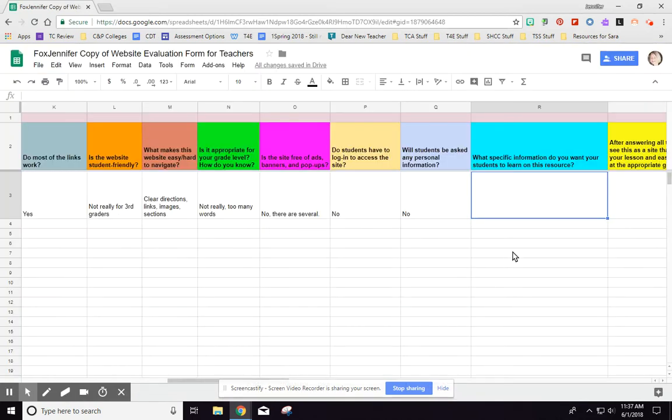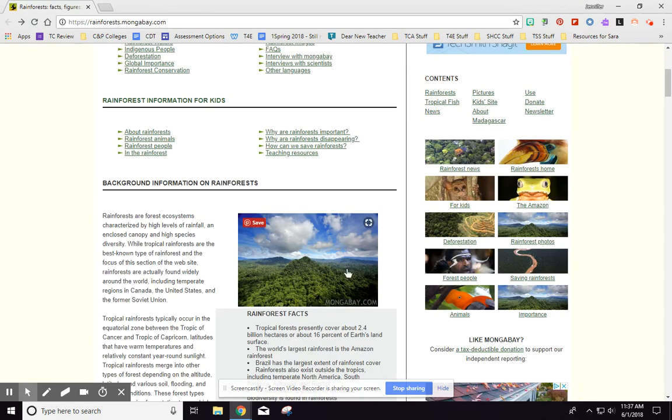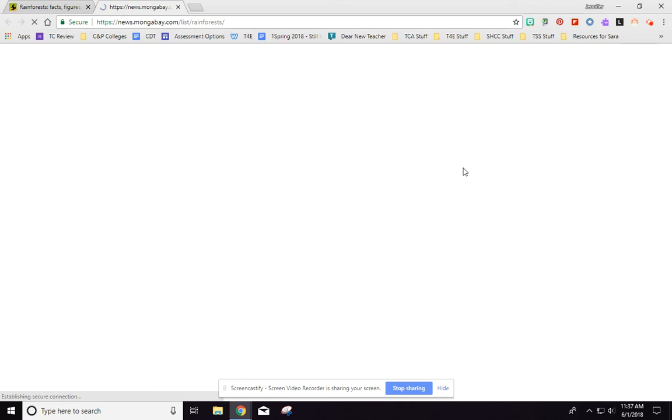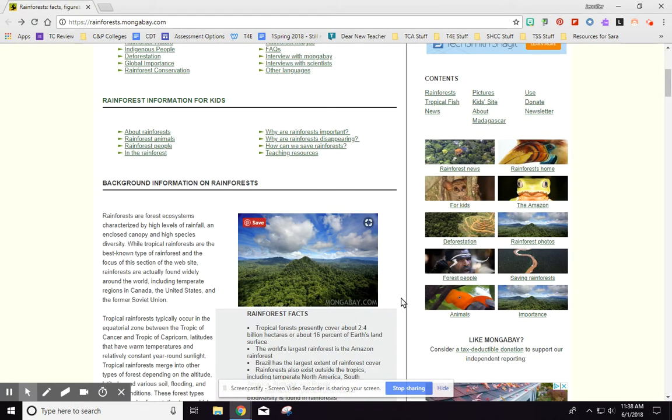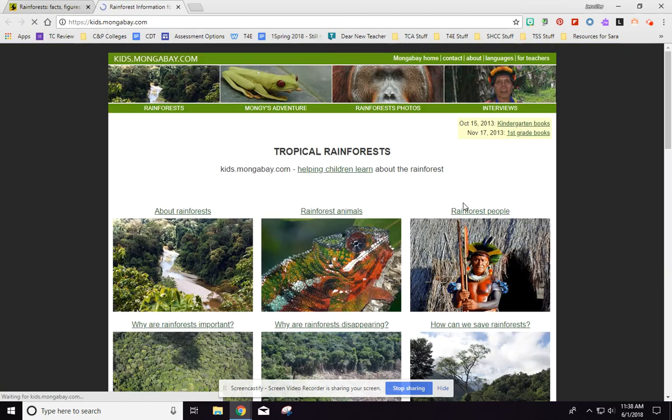I want to have students look mostly at the images to see the variety of animals. Even though it wasn't written at their grade level, if I only have them look at the images or look at something different or more specific, then I can have them do that.